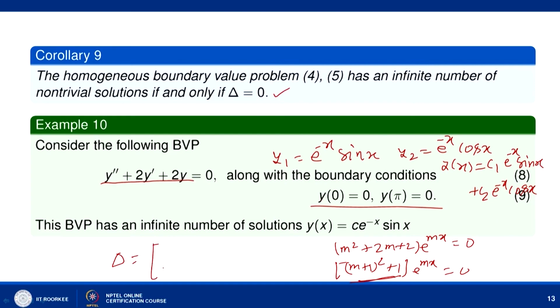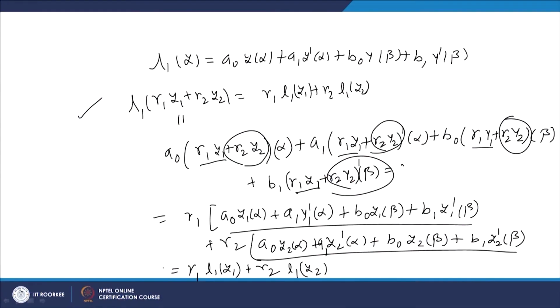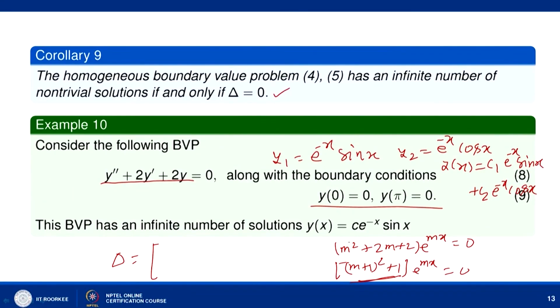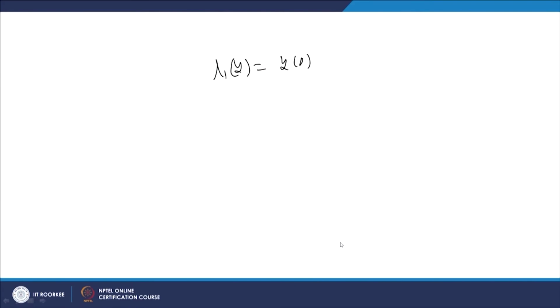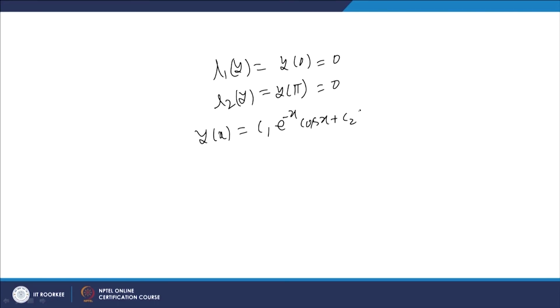L1 y is basically y at 0, and L2 y is y of pi, and it is given as 0.